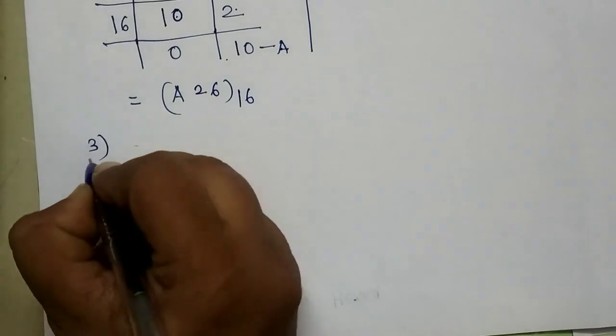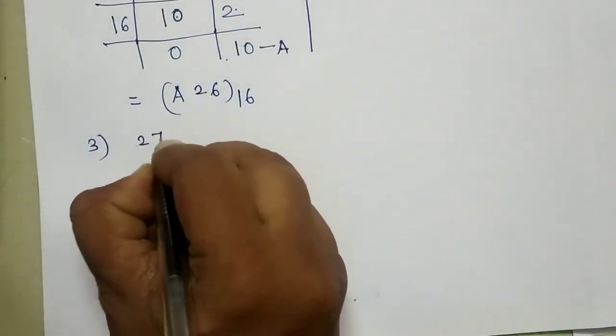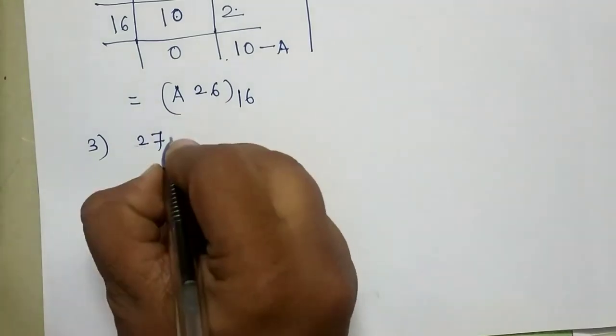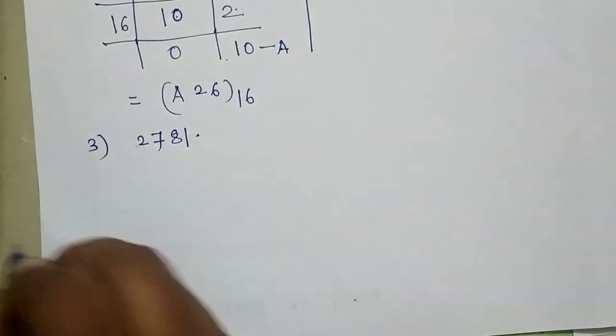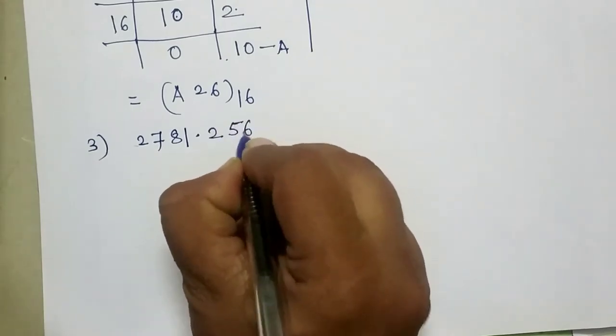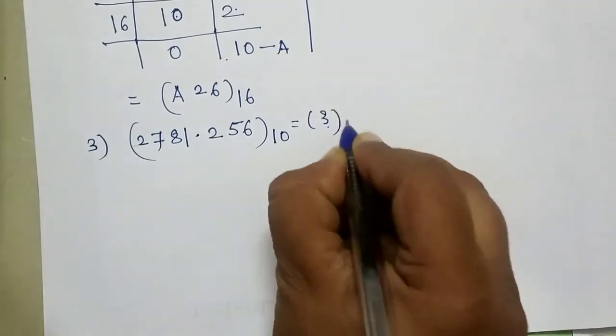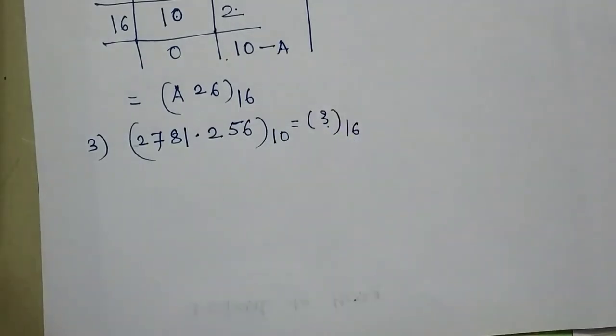This time we are going to consider a fractional part also. So consider the example 2781.256 to the base 10. We are going to convert this into the hexadecimal number system.